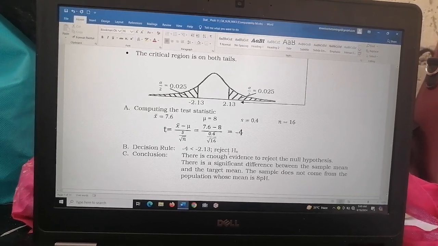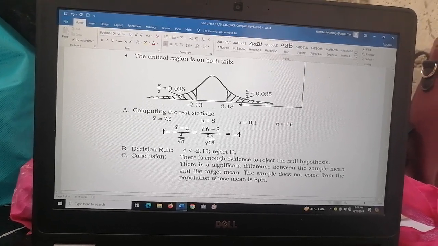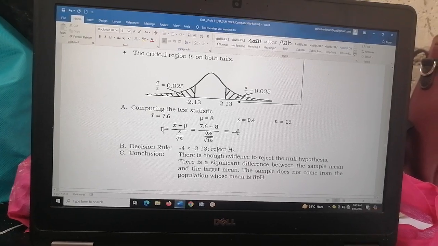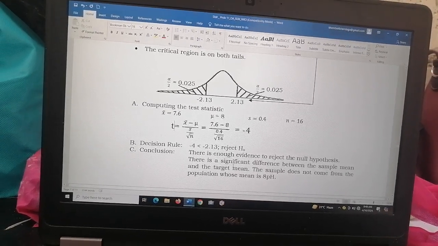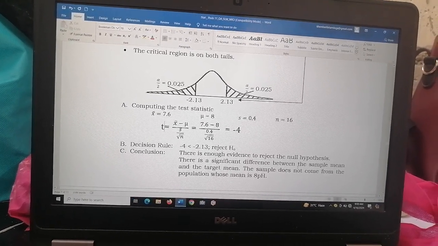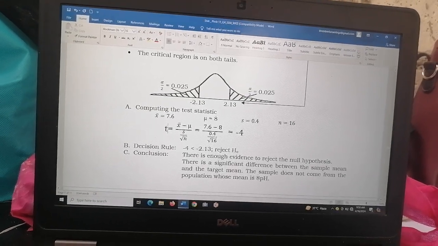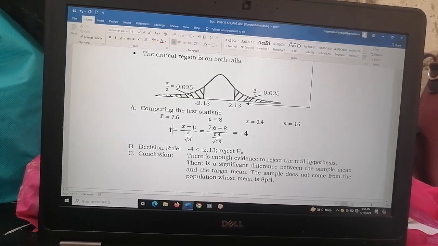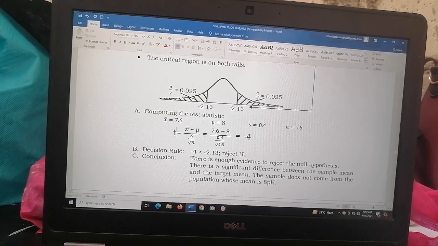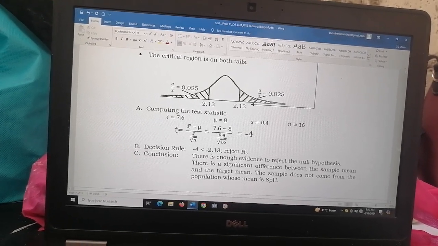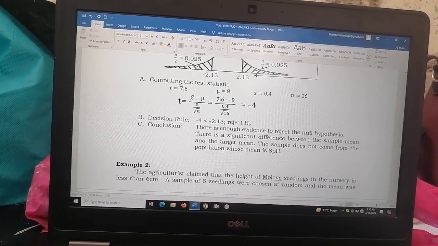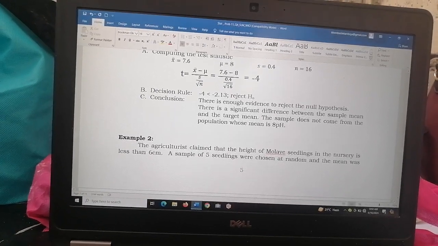So we need to reject the null hypothesis. The conclusion: there is enough evidence to reject the null hypothesis. There is a significant difference between the sample mean and the target mean. So the sample does not come from the population whose mean is 8 on the pH scale.